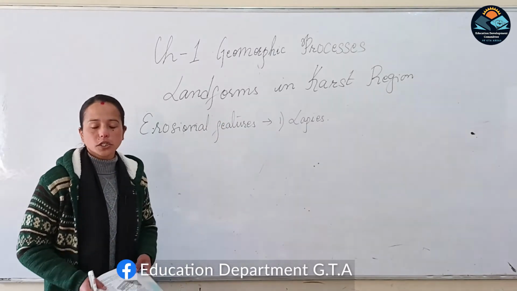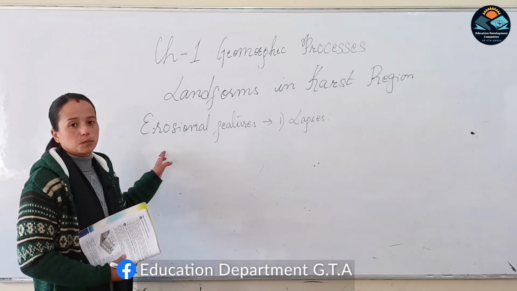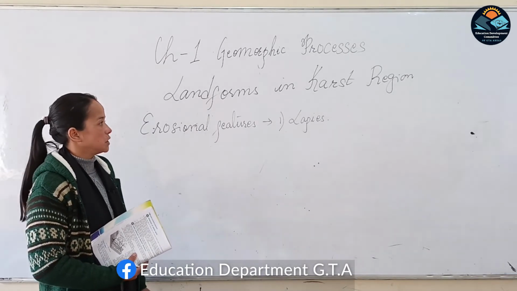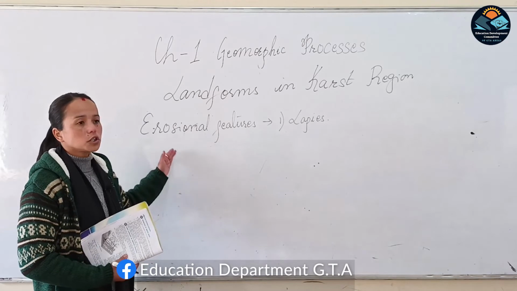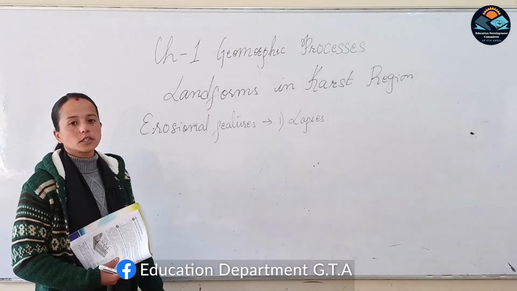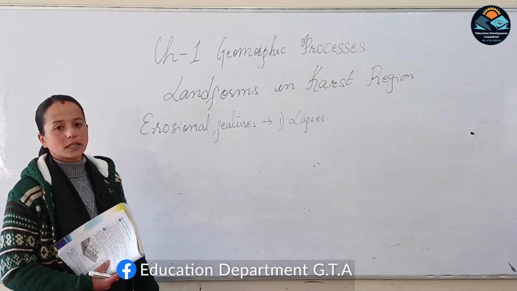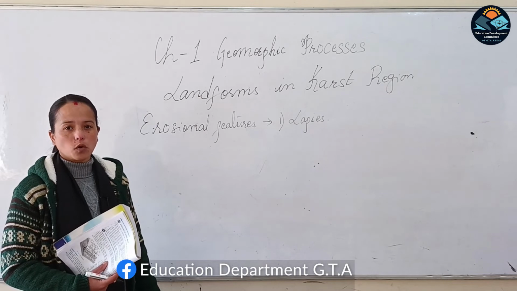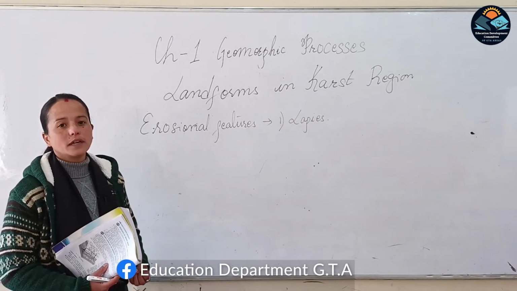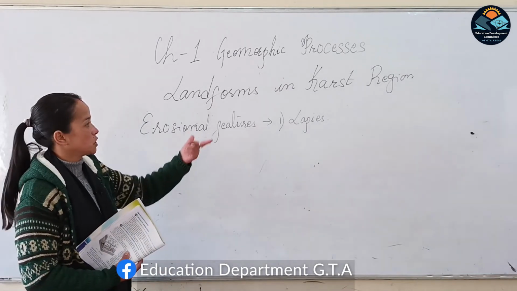So carbonation is the most important process responsible for the formation of different types of features in the karst region. Most of the landforms in the karst region are formed by solution. That means the solvent action of the rainwater or the carbonic acid will dissolve the limestone and form different types of features in the karst region.